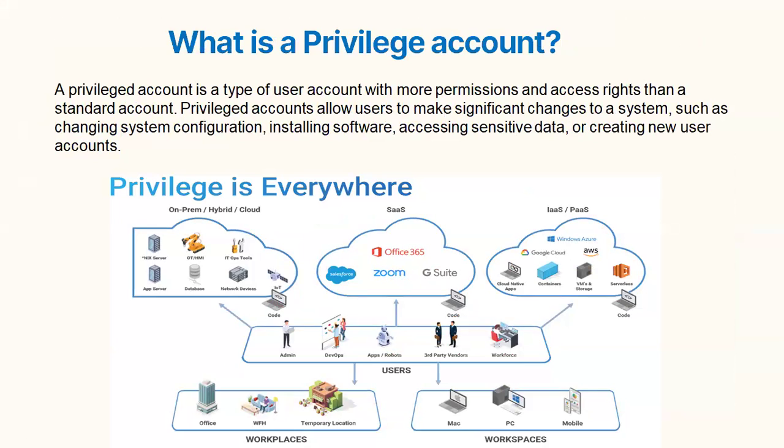So all organizations, especially banking and companies in the finance sector, focus on privilege access management and do regular audits. Every organization does, but whenever a financial institution is involved, they have privilege access management as a priority.